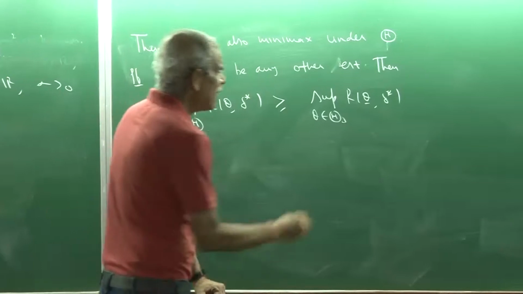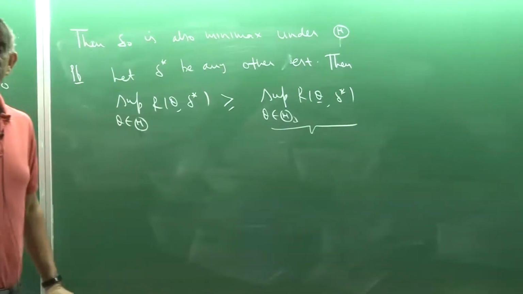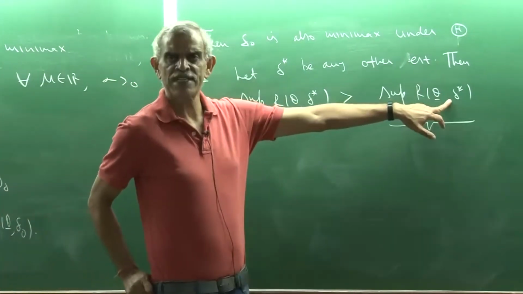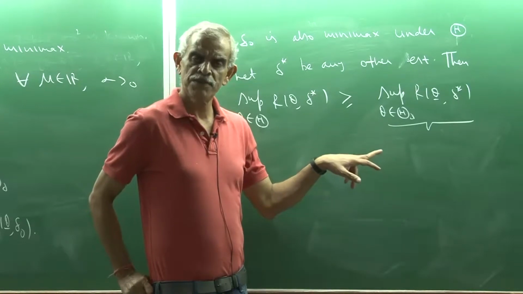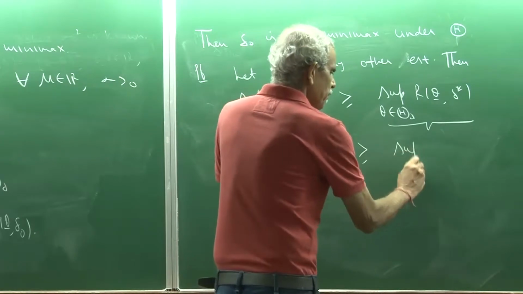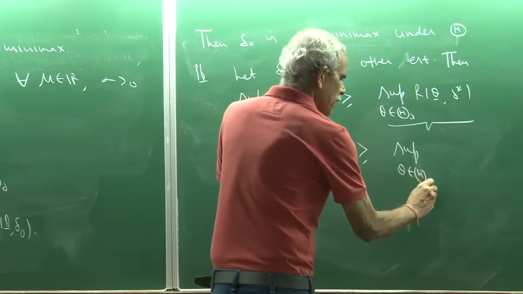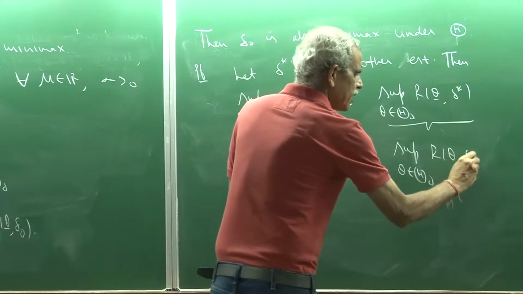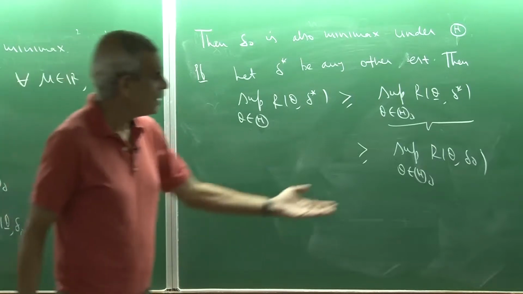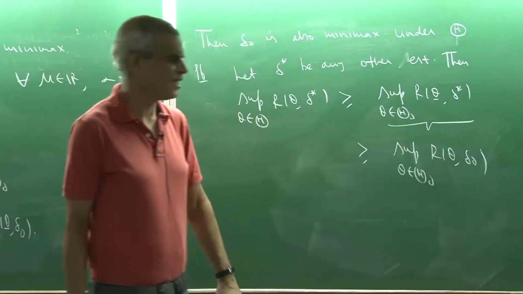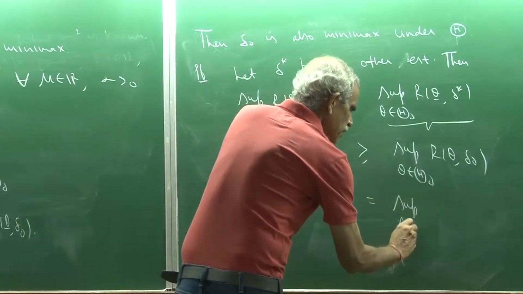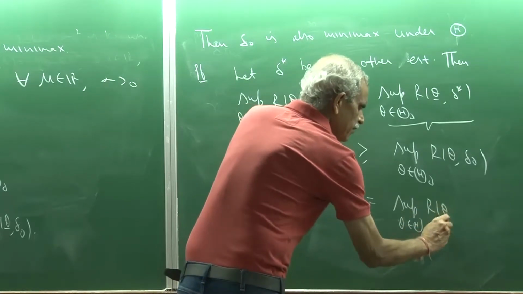Okay. But I know that my delta naught is minimax under theta naught. So that means the supremum risk of delta star would always be bigger than or equal to the supremum risk of delta naught under theta naught. That is by the minimaxity of delta naught under theta naught. But supremum over theta belonging to theta naught of R(theta, delta naught) is the same as supremum over theta belonging to theta of R(theta, delta naught), right?